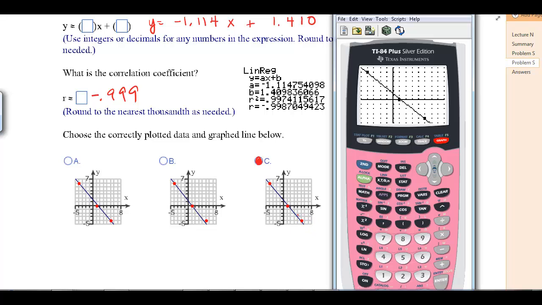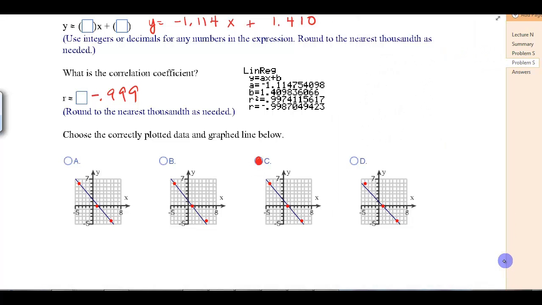This is going to be a tough question, but I believe it is C is the correct answer. So that helps you with the regression, and that should get you through the problems on section 2.1.